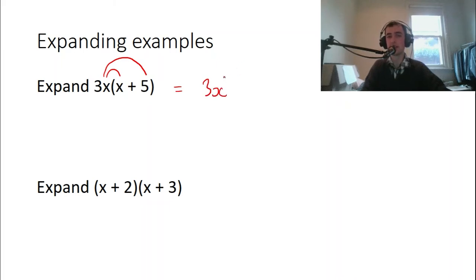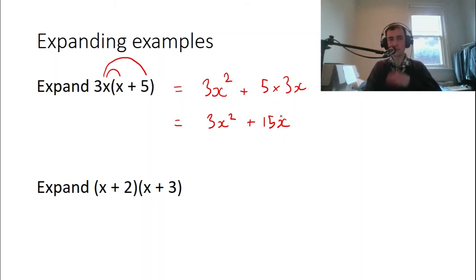That's x squared. And then I'm adding on 5 times 3x. For this one, you just multiply 5 by 3, that's 15. So you've got 3x squared plus 15x. And that's it. It's no more complicated than that.